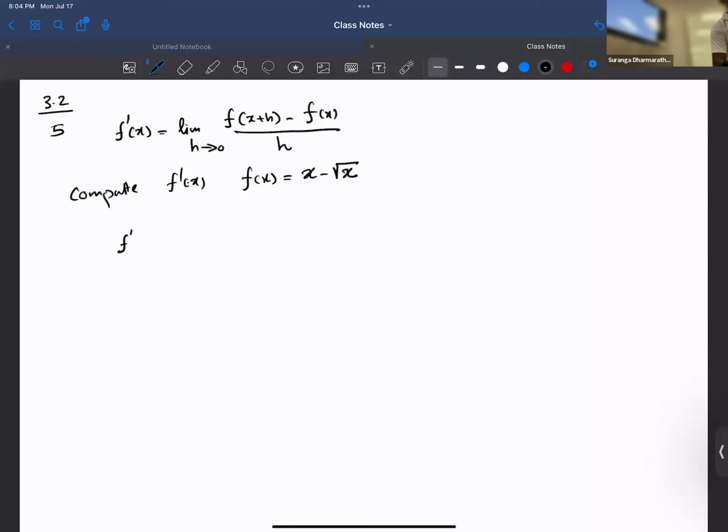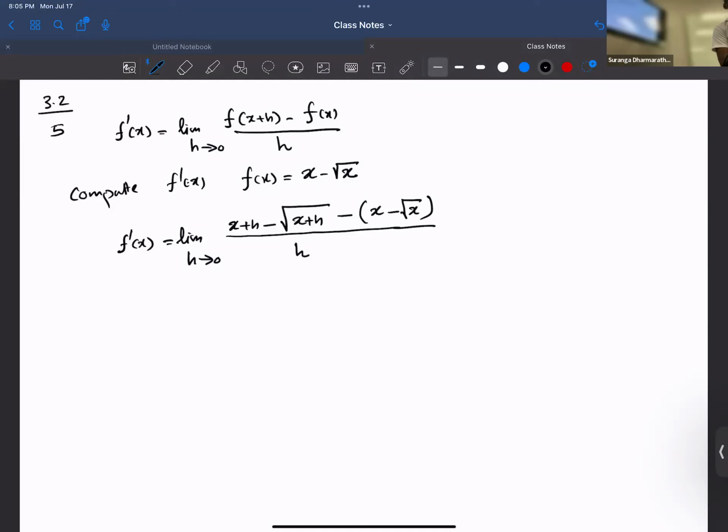I write the definition, f prime of x, limit as h goes to 0. And what is f of x plus h? Instead of x for this function, I put x plus h. So I put x plus h minus the square root of x plus h. Makes sense? And then f of x, rewrite this: minus x minus the square root of x, and divide this by h.